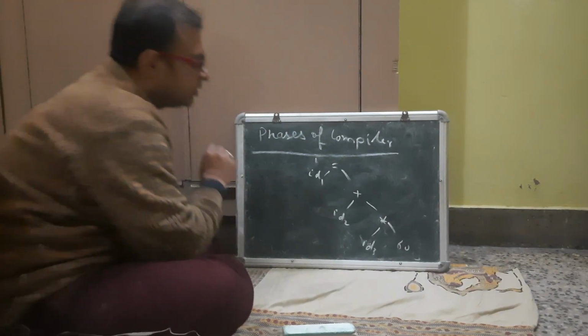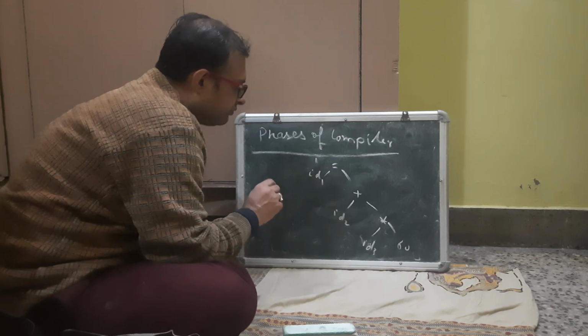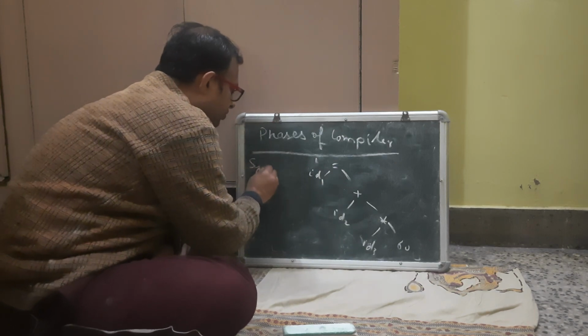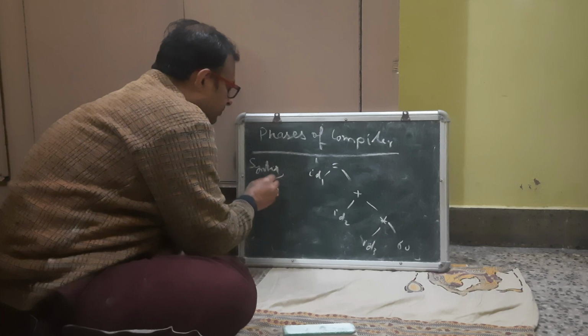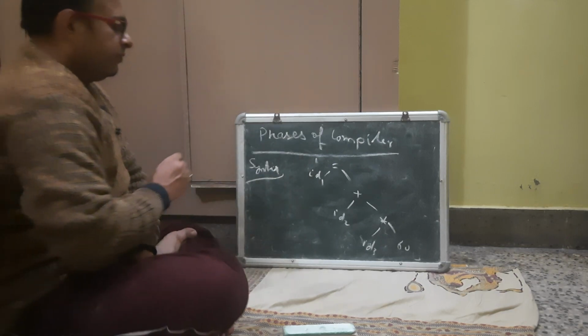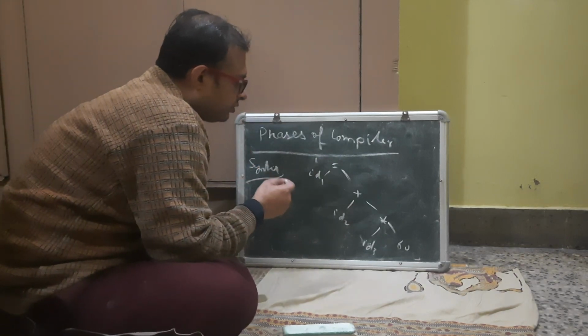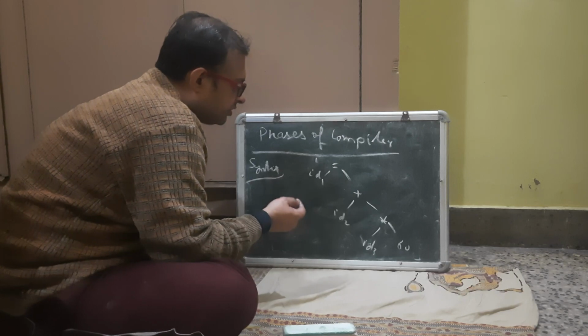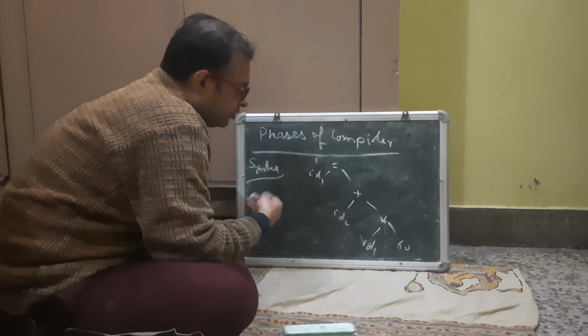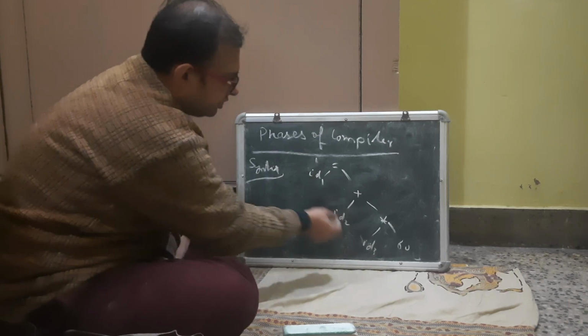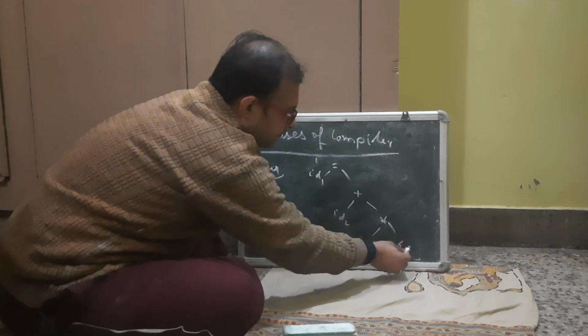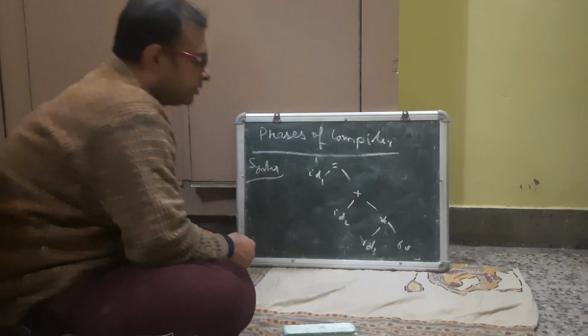So this is the hierarchical structure that we put onto that previous statement. Identifier equals to expression means position equals to initial plus rate into 60. These are the identifiers, this is a constant, and these are the operators.